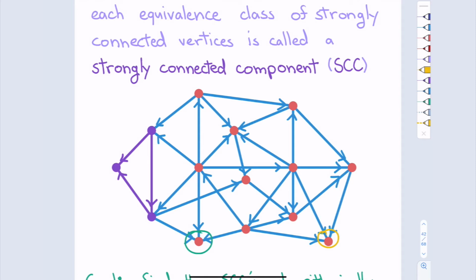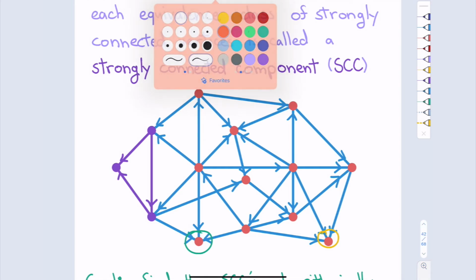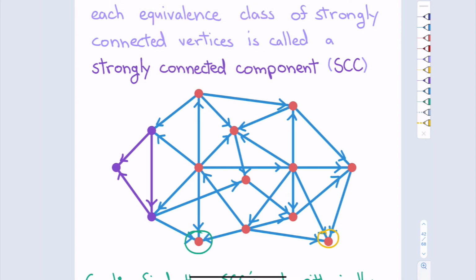Anyone want to suggest any other strongly connected components? So previously we had a triangle in the middle where otherwise no one could reach it. So that would give another strongly connected component.